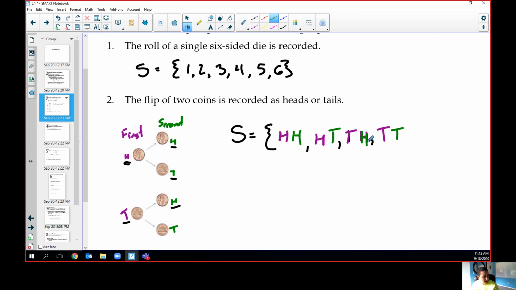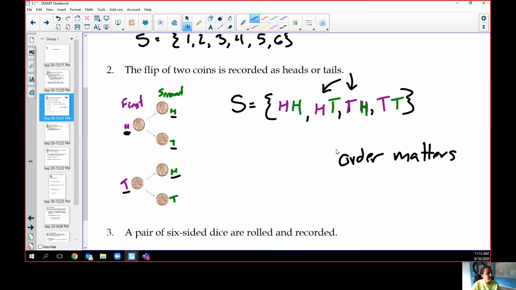So we have a total of 4 different possibilities when we flip 2 coins. Now, if you notice, order matters, because we are talking about flipping 2 different coins, so these 2 events are different, because the order does indeed matter.